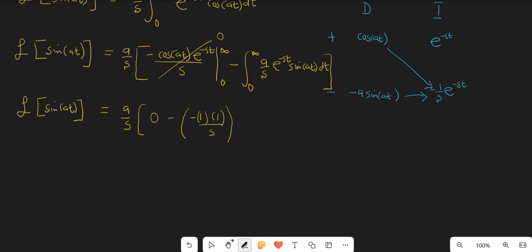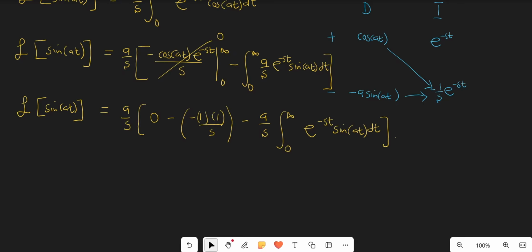So this is what we have for the lower limit. The lower limit is not actually going to evaluate to 0 here. And now we are going to have negative a over s outside, the integral from 0 to infinity of e raised to the power negative st, and then sine of at dt.